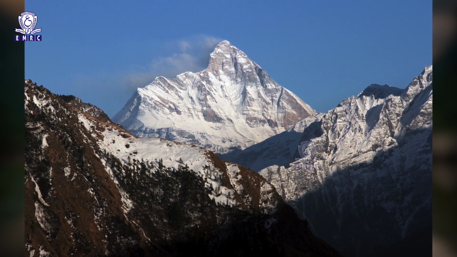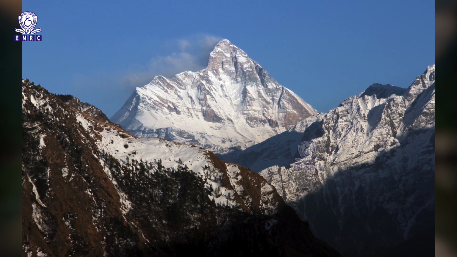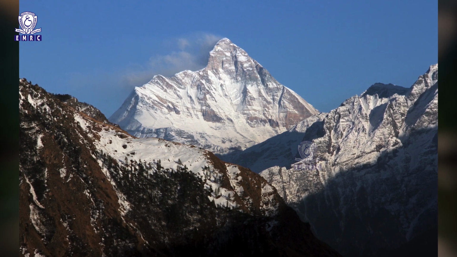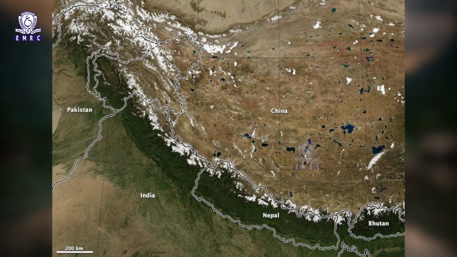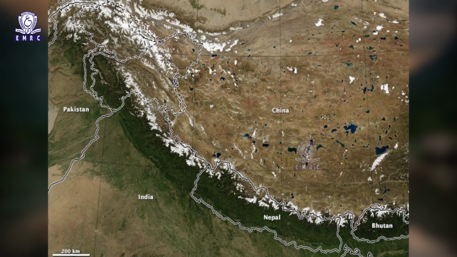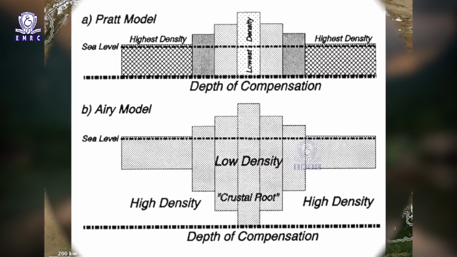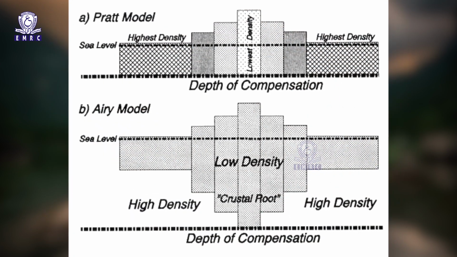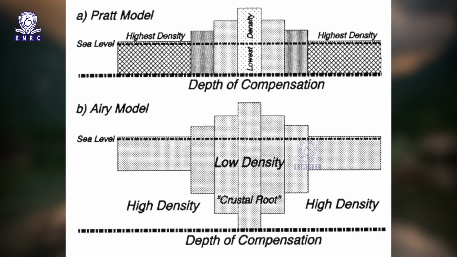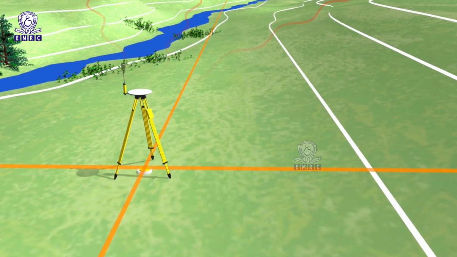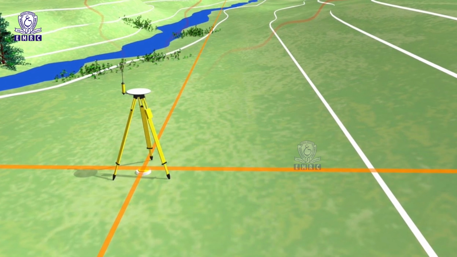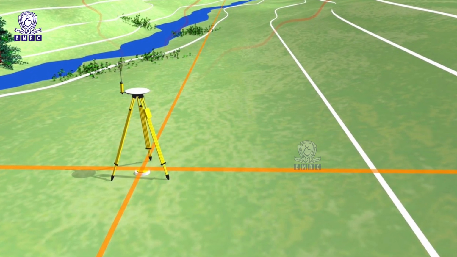Pratt estimated the amount of attraction of the Himalayas on the basic assumption that all the mountains had an average density of 2.75. Based on the minimum estimate of the mass of the Himalayas, he calculated the gravitational effect on the plumb bob at the two places, Kaliana and Kalyanpur, and to his dismay, he discovered that the difference was surprisingly more than that actually worked out during the geodetic survey.